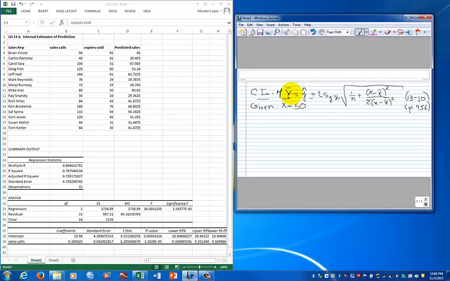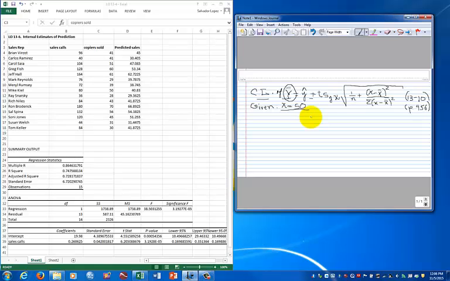So we estimate the average value of sales in the population, and we use this formula for a specific value of X. And the value that is selected is 50. In other words, what happens if somebody makes 50 calls?